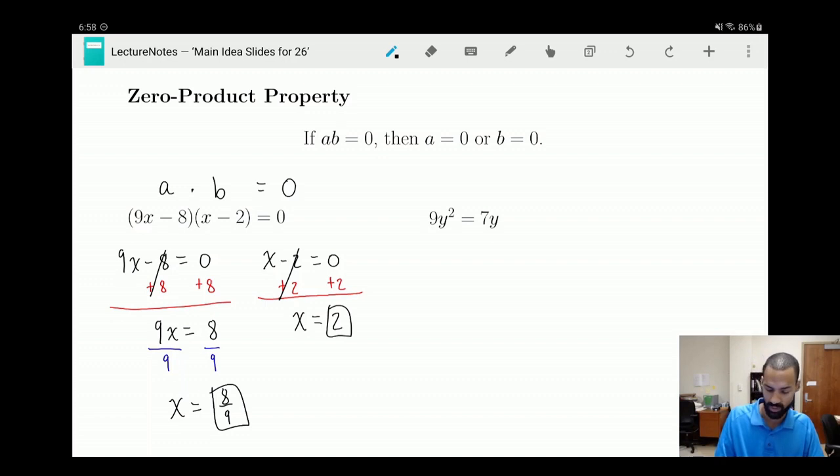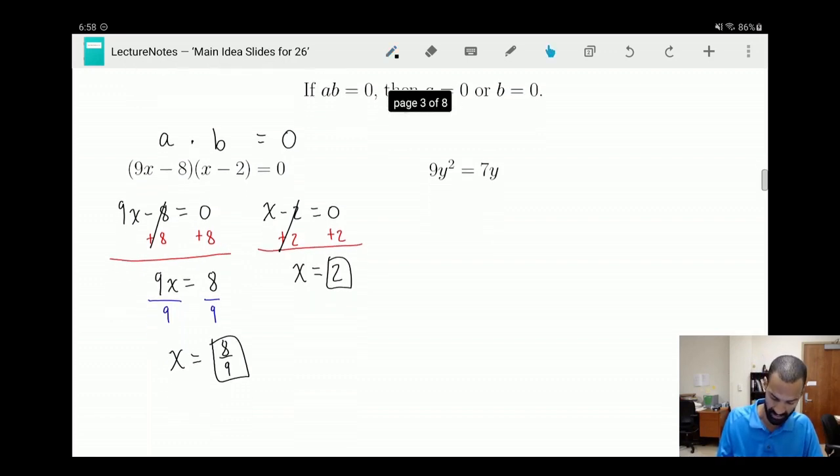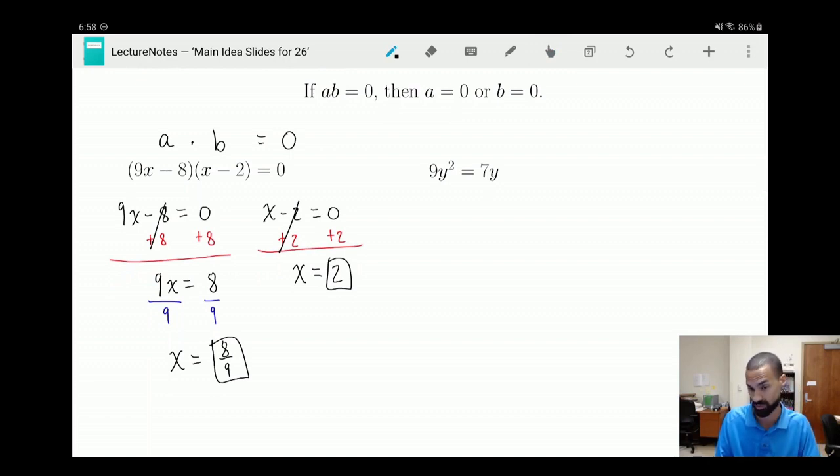Okay, 9y squared equals 7y. Let's talk about that one as well. Okay, again, we're going to use the zero product property in a second. Notice how this does not quite mirror this, right? It's not something times something equals 0. Okay, so what I'm going to do is get this thing equal to 0 by subtracting 7y from both sides.